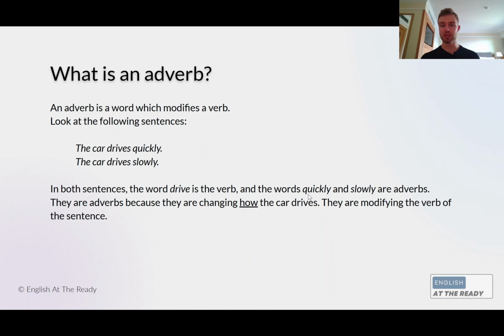And the words quickly and slowly are the adverbs. And these are adverbs because they're actually changing how the car drives, right? In the first sentence, the car is driving quickly. And in the second sentence, the car is driving slowly. So they're actually modifying the verb to drive.